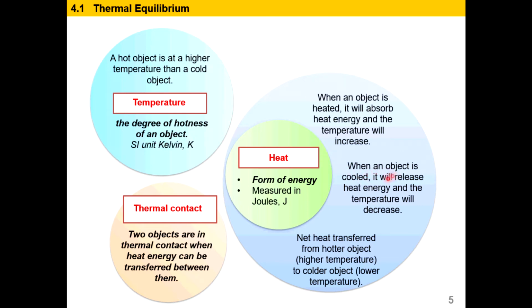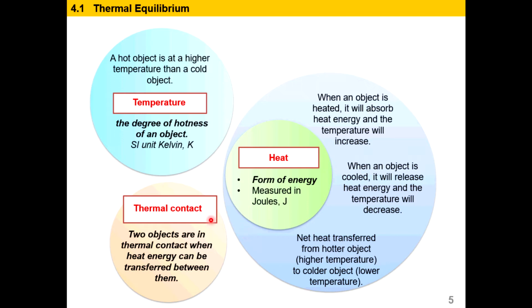But when the object cools, it will release heat energy and the temperature will drop. So there will be net heat transfer from a hot object which has higher temperature to a colder object which has lower temperature. Later we will look at this more specifically.